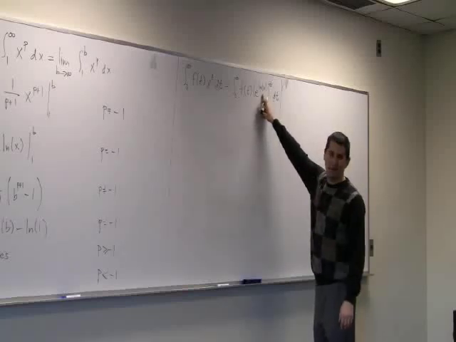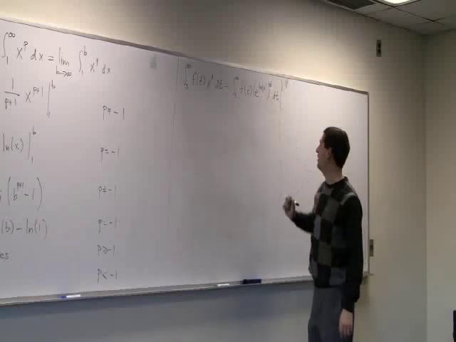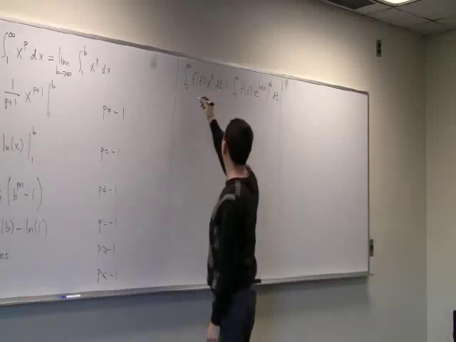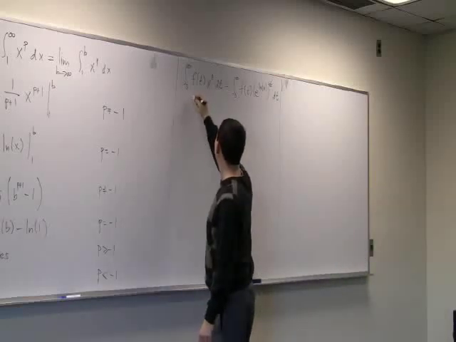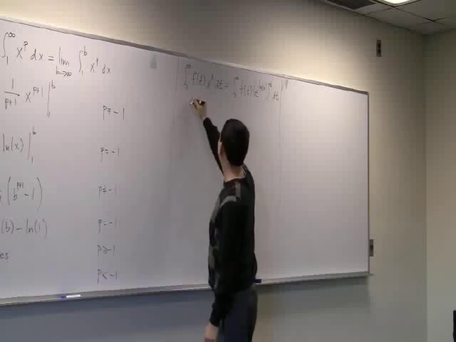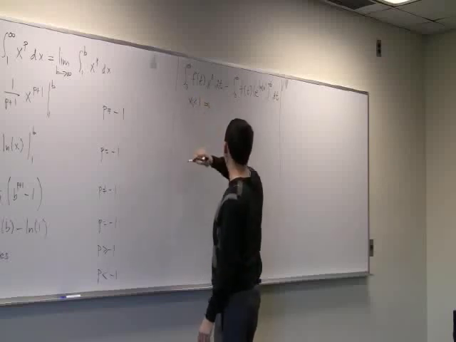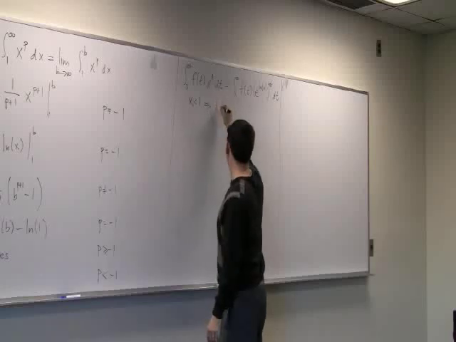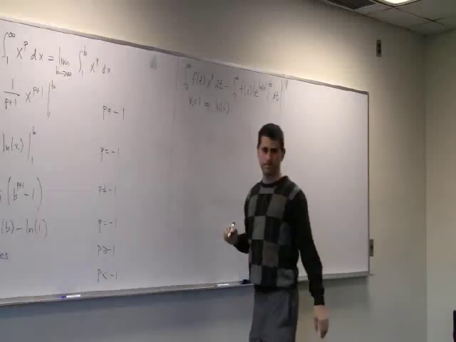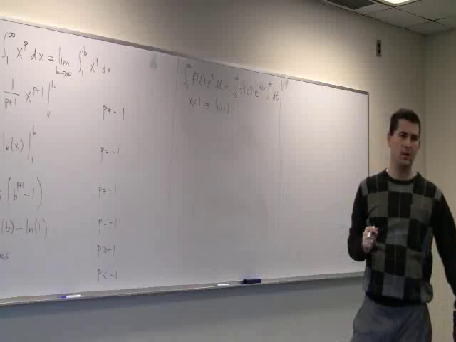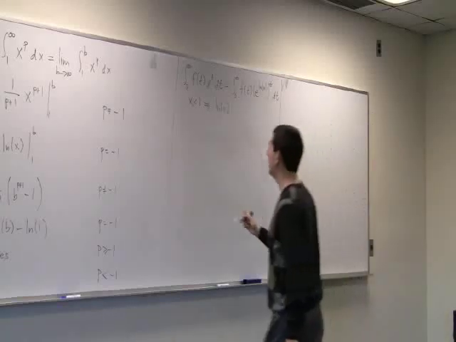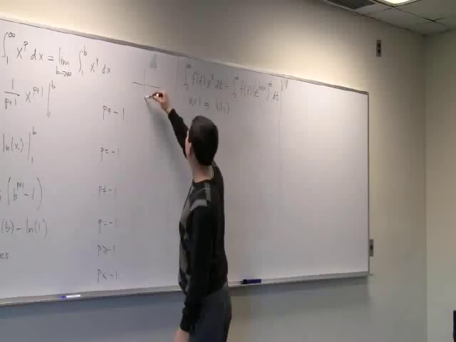Okay, but this is kind of nasty looking. This is certainly not looking a lot better. But let's see what's going on. So remember that, well, x is less than 1. And so what can I say about ln of x? If it's less than 1, well, let's see. ln of x, right? That looks like negative.